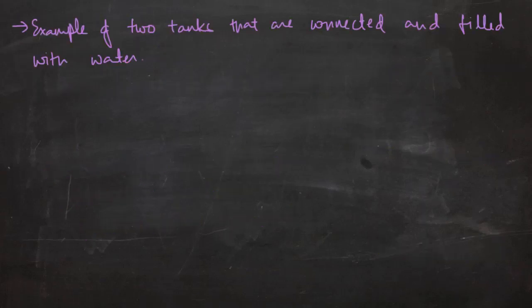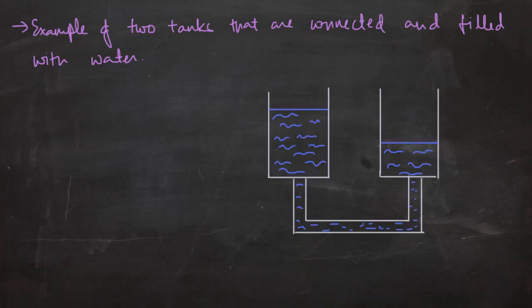In our next example, let us take two tanks that are connected and filled with water with different levels. Here are our two tanks with water having different levels in both the tanks.